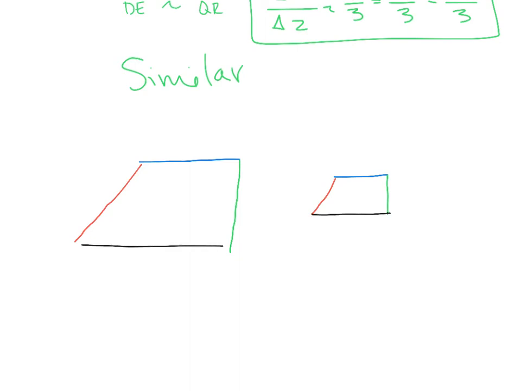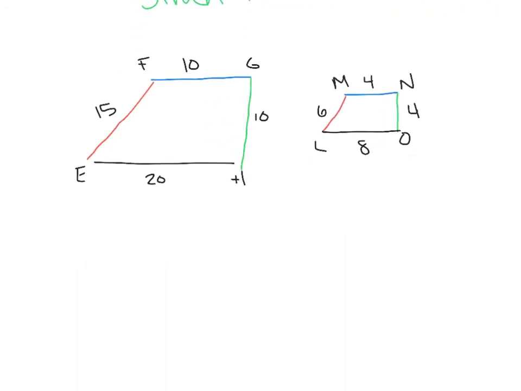Okay, and we have E, F, G, H, and we have L, M, N, O, and this is 4, and this is 4, and this is 8, and this is 6, and then we have 10, 10, 20, and 15.